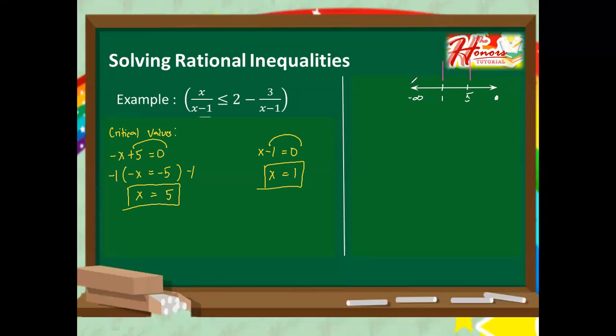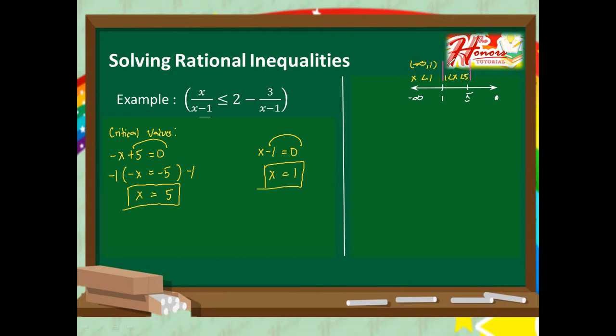Okay, so let's have the first one. So x is less than 1, or you can write it as negative infinity and 1. Next, for the middle interval, you can have x is greater than 1 but is less than 5.